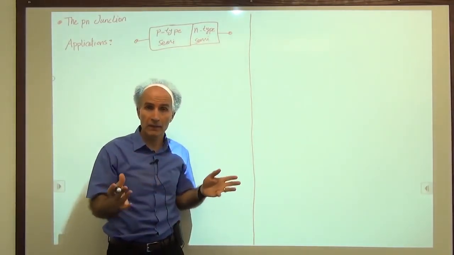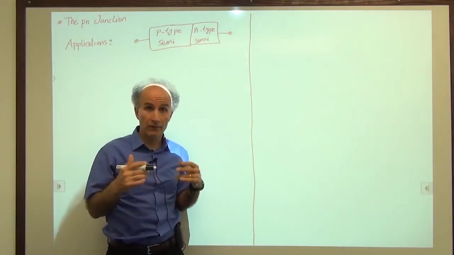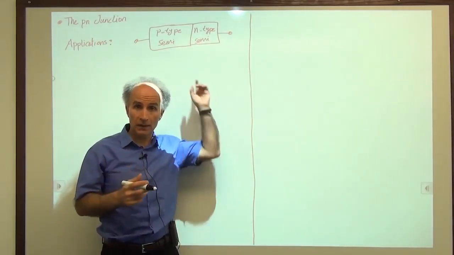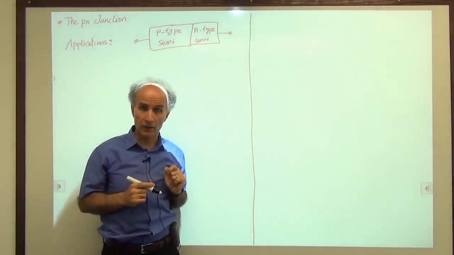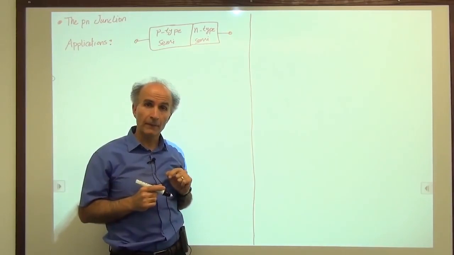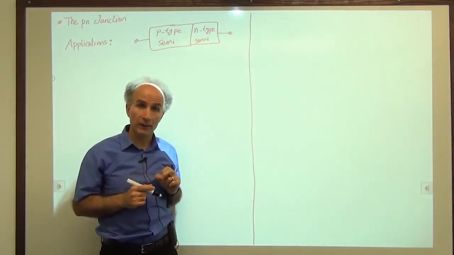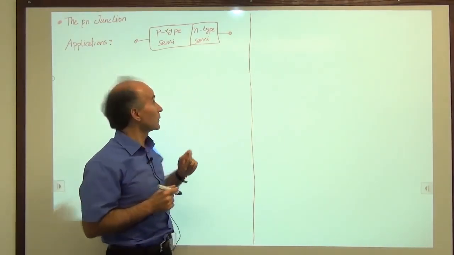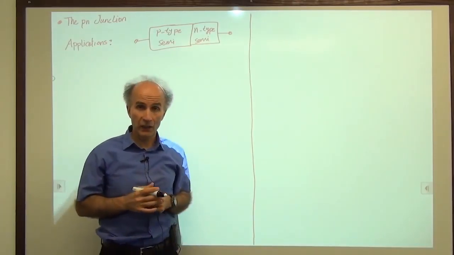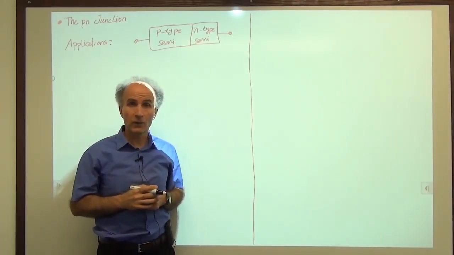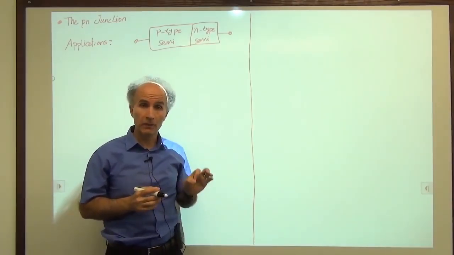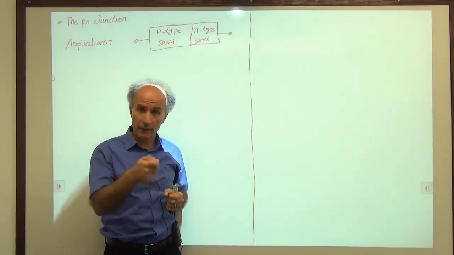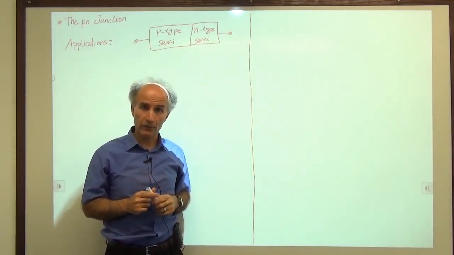In all of these chargers and adapters, we need this type of device, a PN junction. A PN junction is one example of what we call a diode. So this device is also called a diode. And diodes are essential to building all of these various devices.